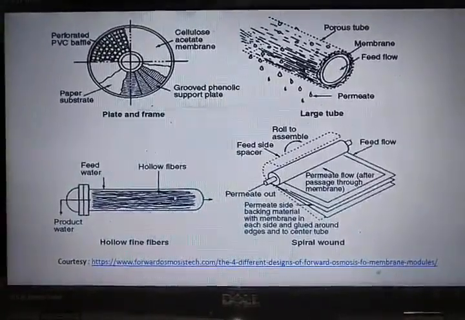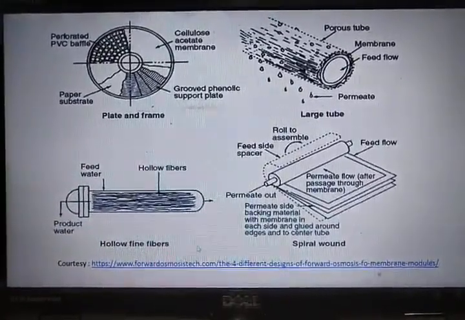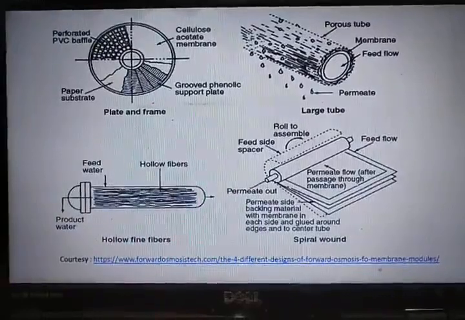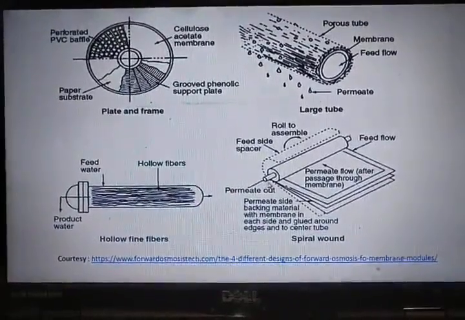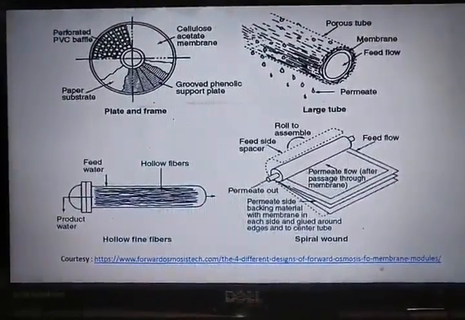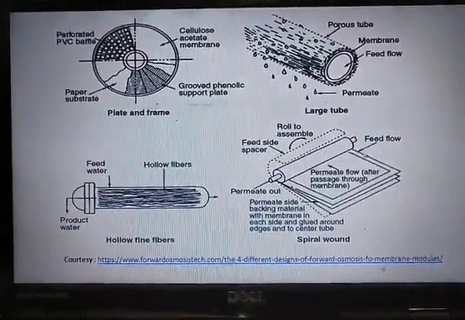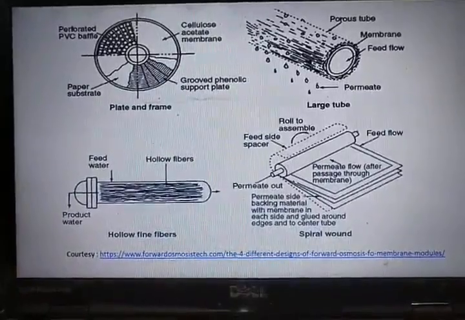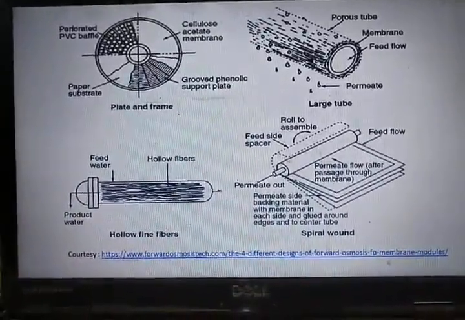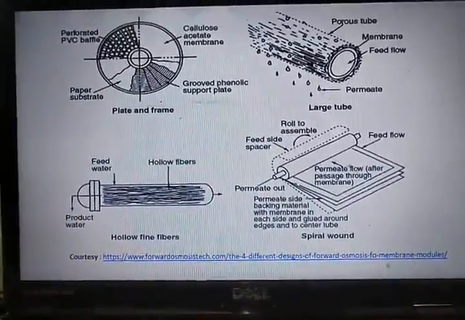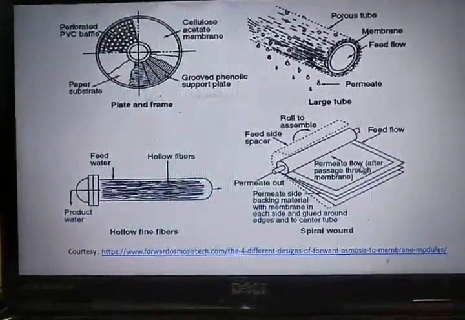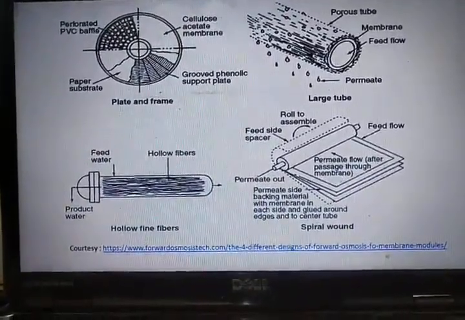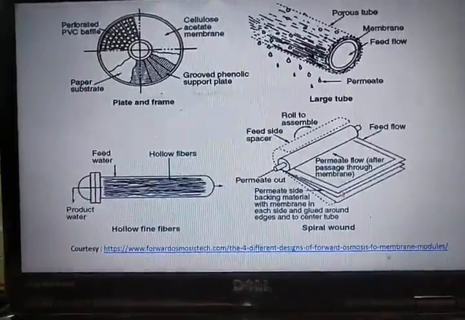This is the hollow fine fiber module, and this is called spiral wound. Here you can see a central permeate out pipe, where the feed flow will be allowed from one end, and you will have the membranes wrapped around this central pipe. This is the permeate flow which passes through different layers of the membranes.